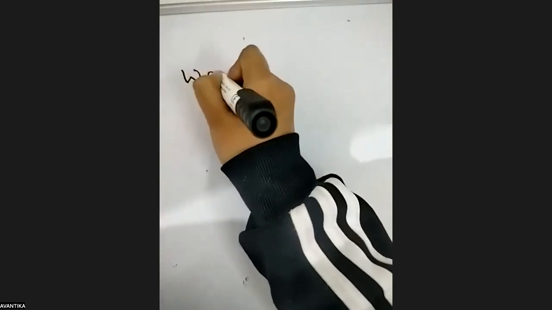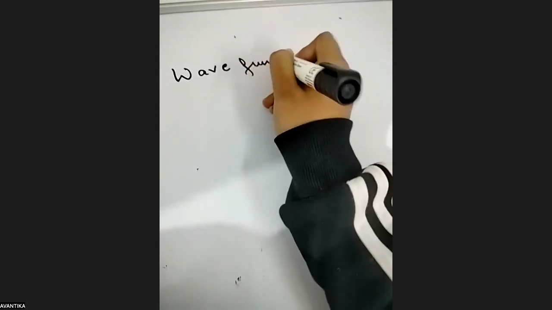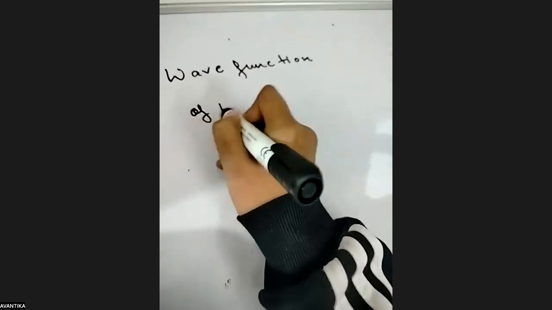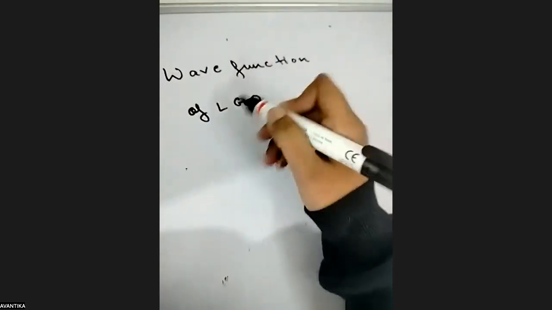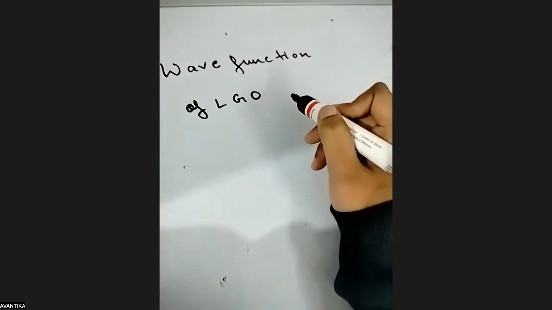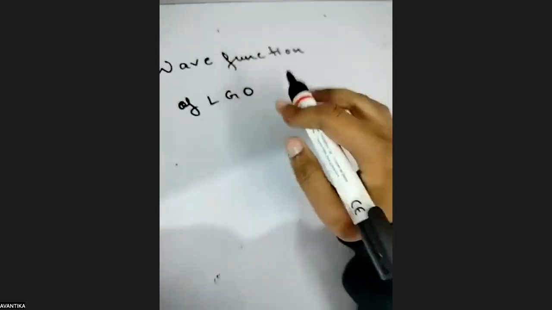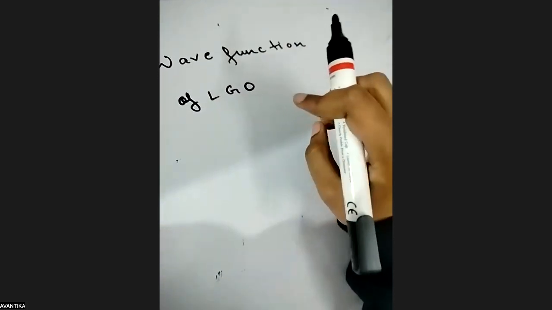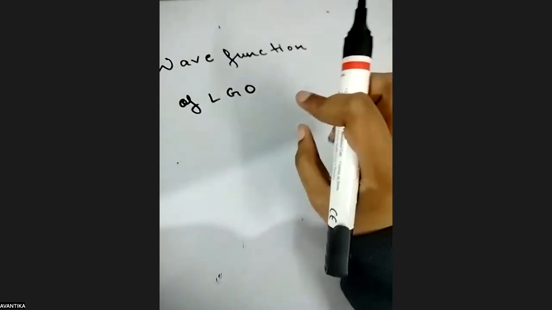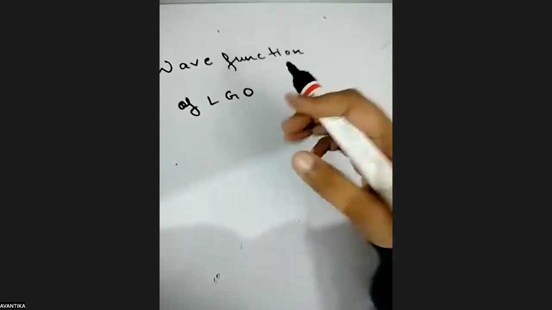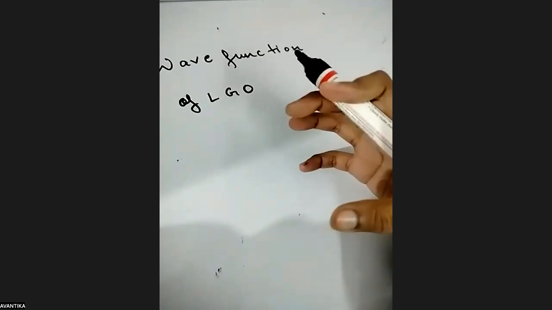Now, if we have to find the wave function of ligand group orbitals in case of the s orbital, because the s orbital lies in between and is spherical in nature, all the ligands approaching it will approach symmetrically.